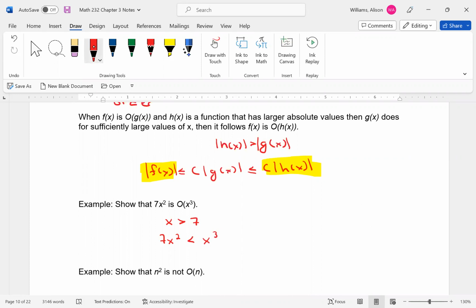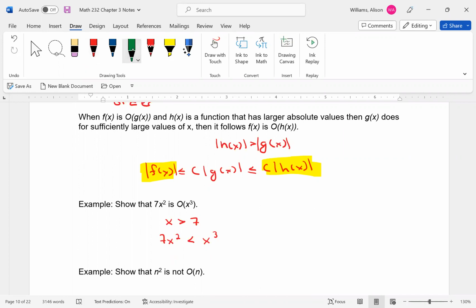So if x happens to be 8, we would have 8 cubed on this side, 8 squared on this side, and then times a 7, which is a little bit smaller, right? So we have 7 times 8 times 8 less than 8 times 8 times 8. So this statement holds true.